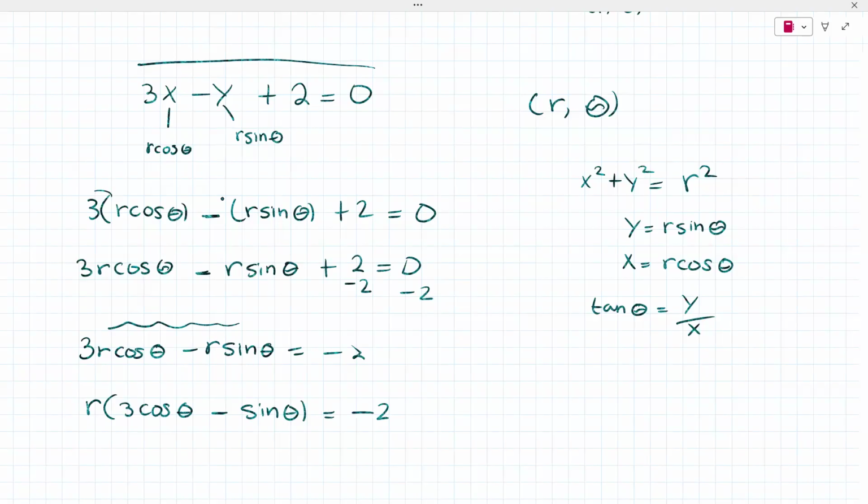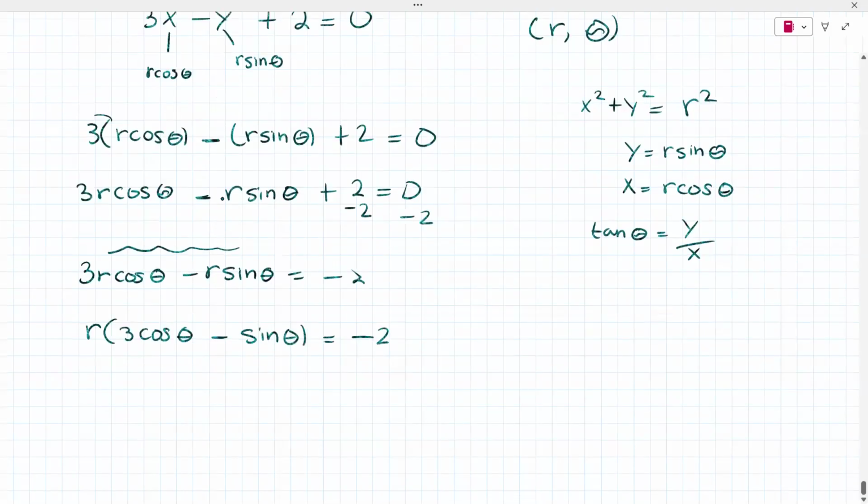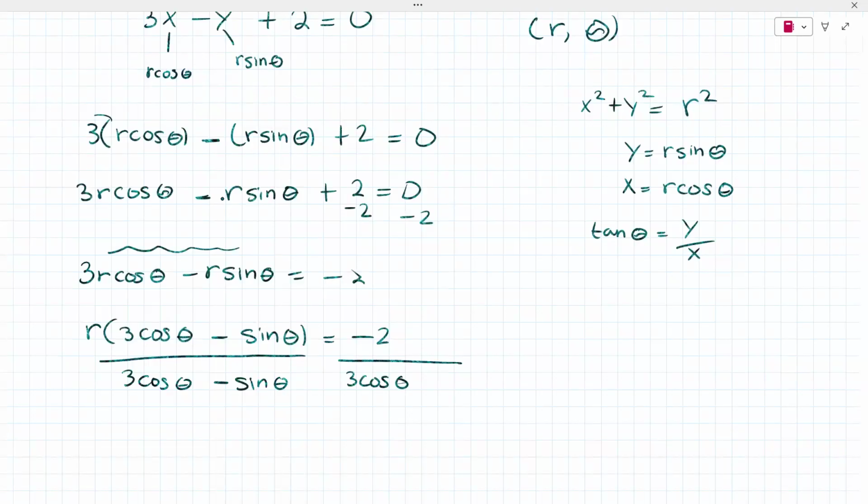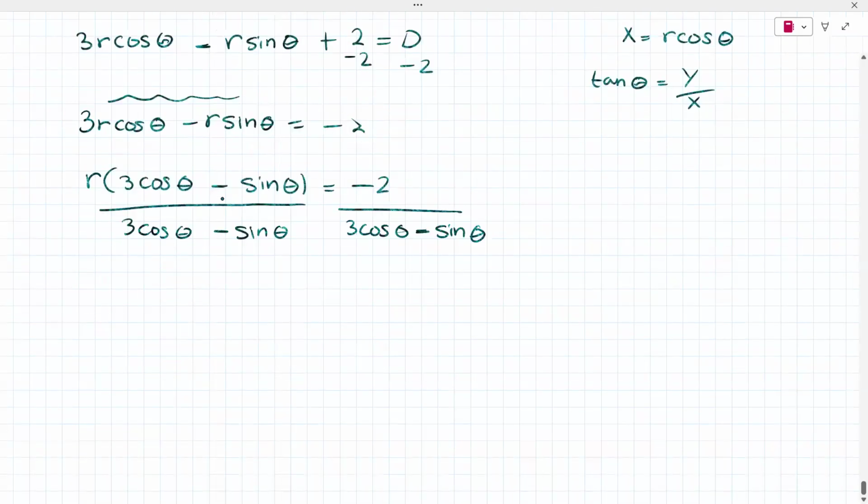If you solve for r, that's what we need, we need a radius. You would have to get rid of this by dividing both sides by it. So that means your r is going to equal negative 2 over 3 cosine theta minus sine theta. And that's your final answer.